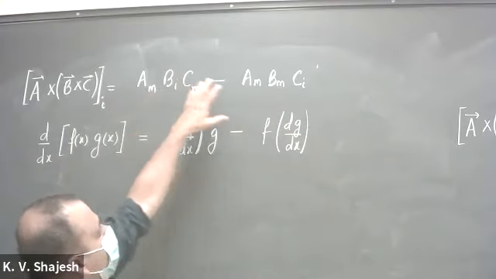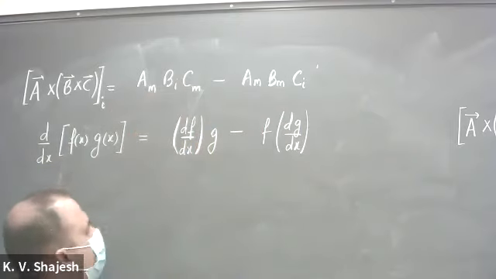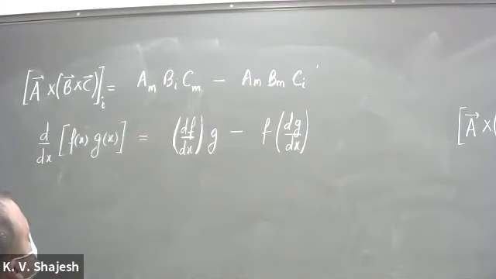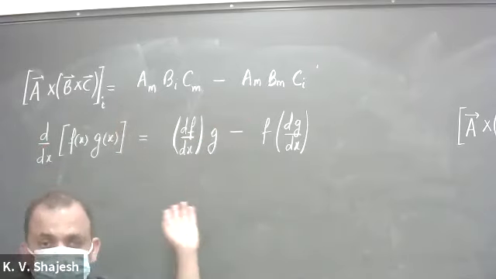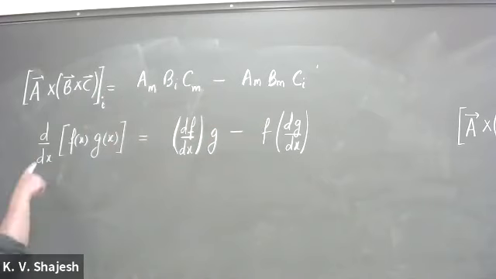Think of this as a distributive property. In fact, it is more than that. There is a nice way of looking at cross product as a calculus of non-commuting objects. But at this point, I'm just interested in the distributive property. This is just a one dimensional derivative.